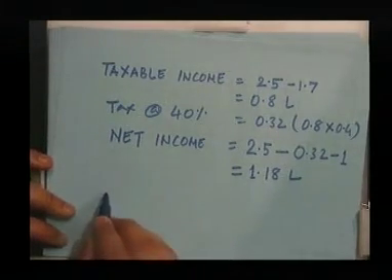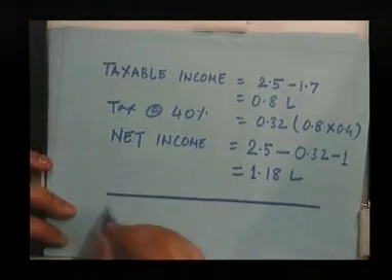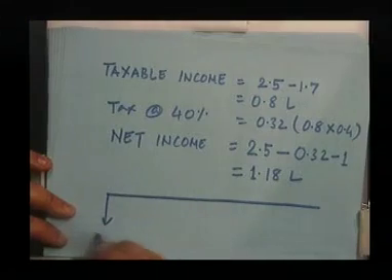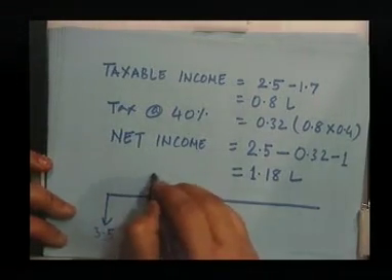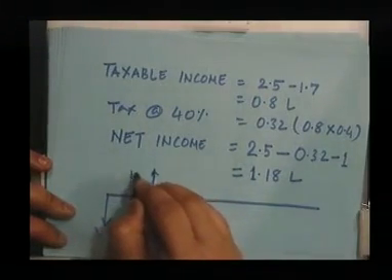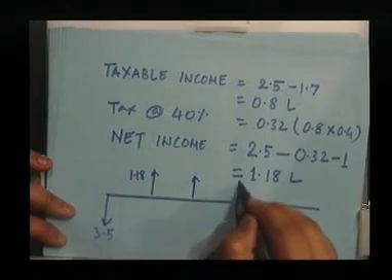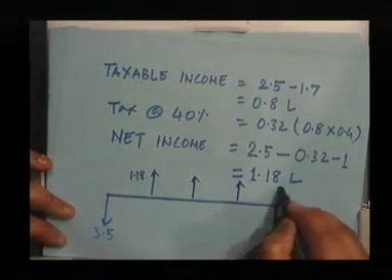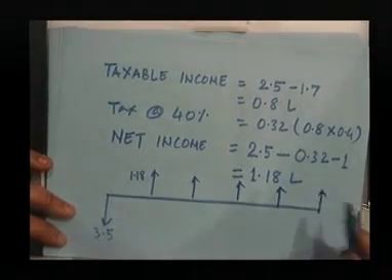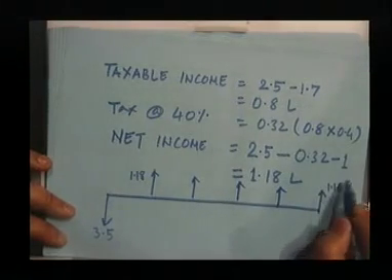So my post-tax cash flow diagram would look like this: 3.5 and 1.18, 1.18, 1.18, 1.18 and finally 1.18.